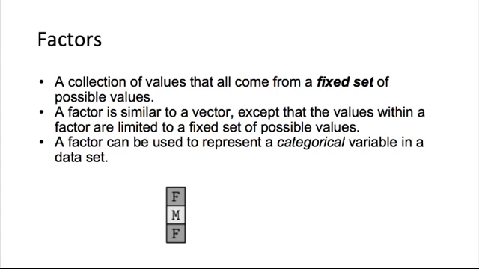There are many different categories. Like you can see in this case, we've got a factor and it's got males and females. These are categories. So a factor is a collection of values that all come from a fixed set of possible values. A factor is similar to a vector except that the values within the factor are limited to a certain number of possible values. So that's why we call them categorical variables at times.